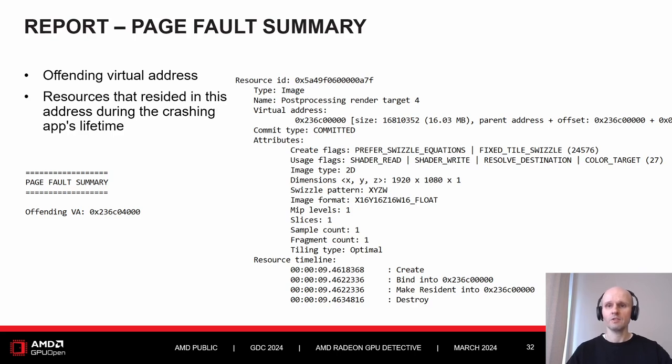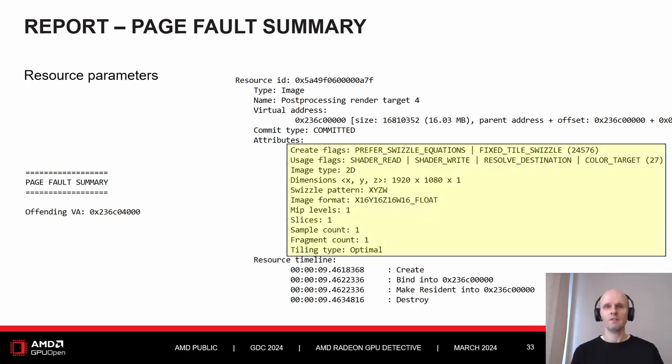The list of associated resources printed for the offending virtual address is tracked since the launch of the crashing application and is not limited to the moment when the crash happened. This is important because the app may try to access a resource that has already been destroyed or evicted from memory, which results in the crash.